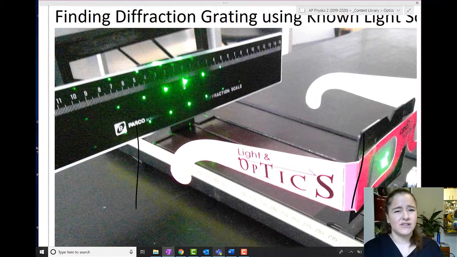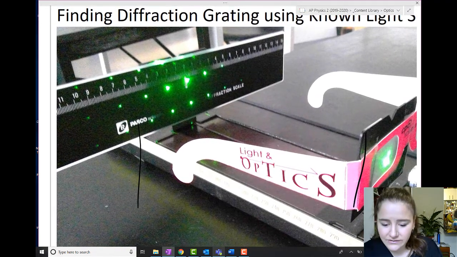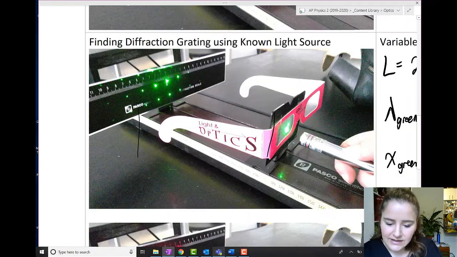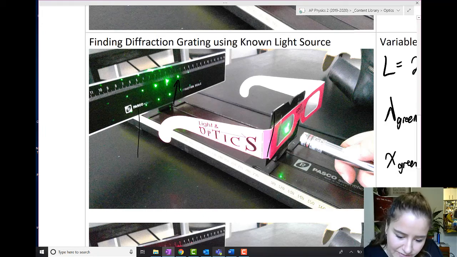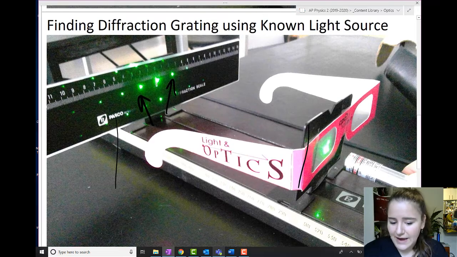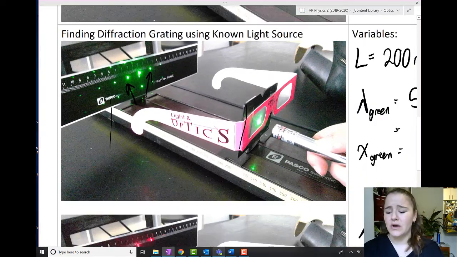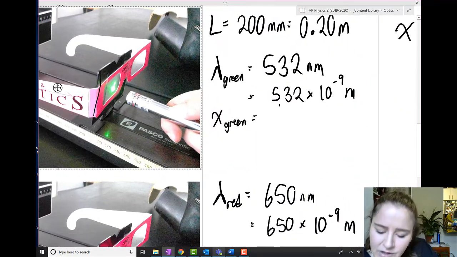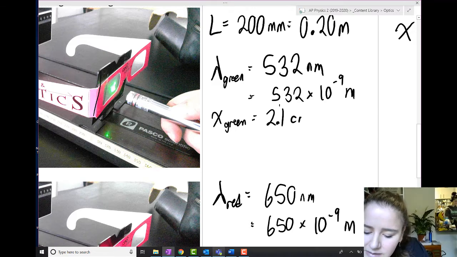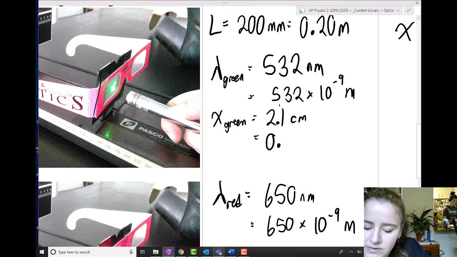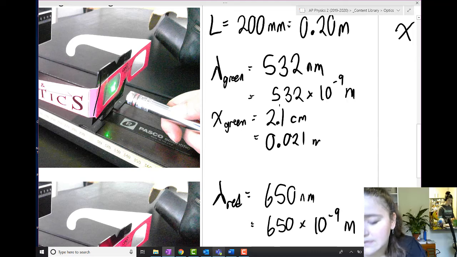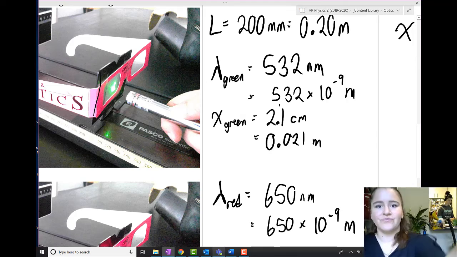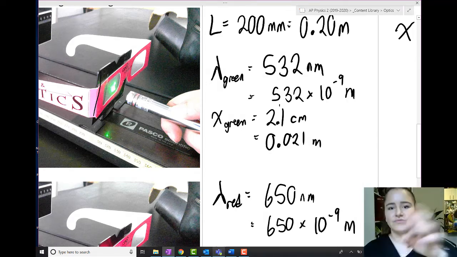And if you're looking at this spacing versus this one, that one actually seems to be a little bit past 2. So I'm going to go ahead and go with 2.1. Super precise here. So it's at about 2.1 centimeters away, which is 0.021 meters.